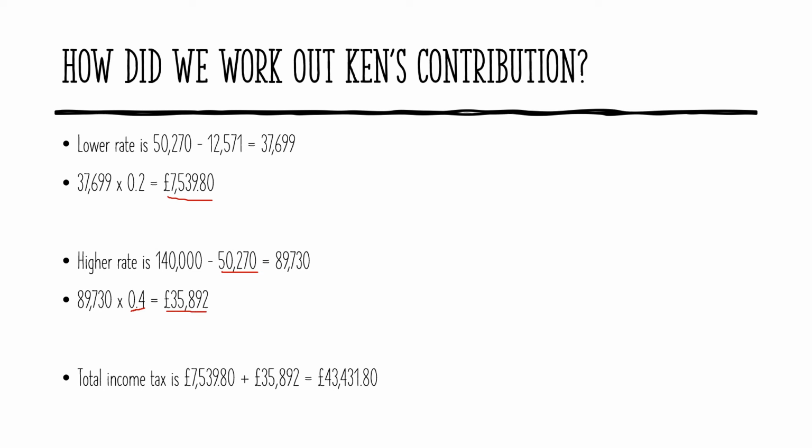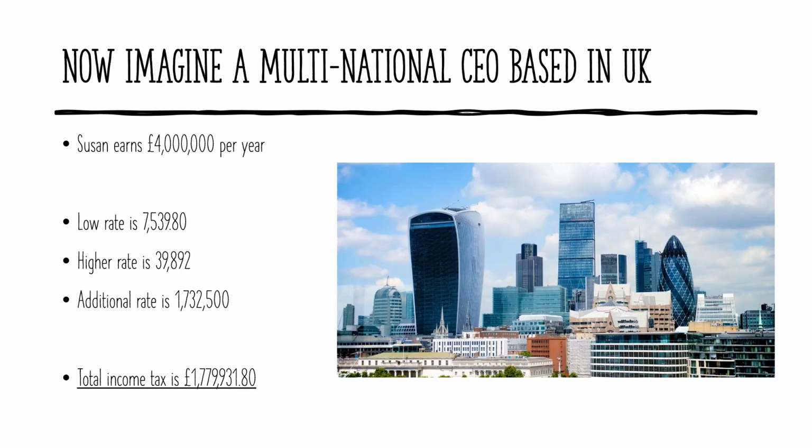So his total income tax bill will be those two numbers added together, and you'll see there he pays a very hefty £43,431.80. Okay, so everybody will work their way through the bands, but it comes to a point, effectively, where the more you earn, the more you pay. Okay, that's why it's a progressive tax.